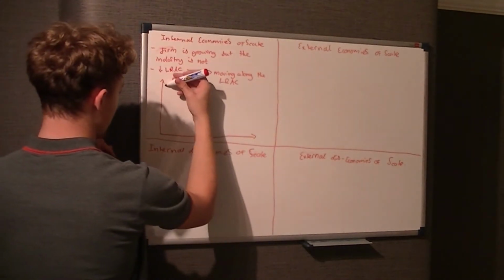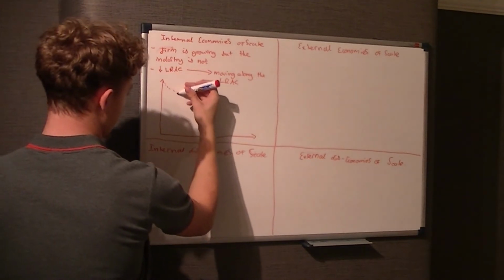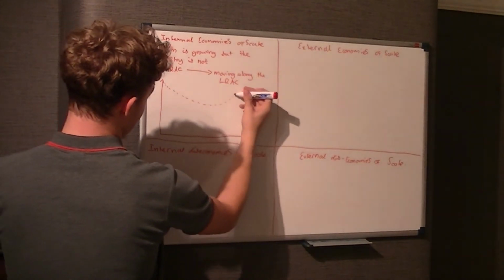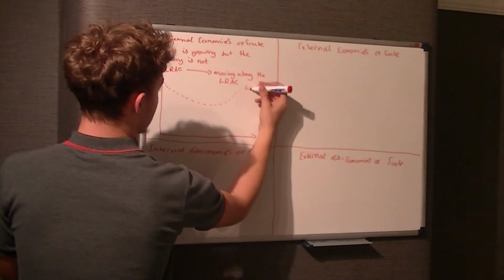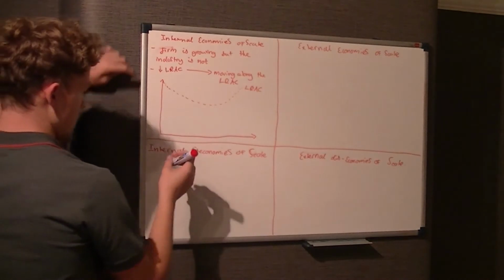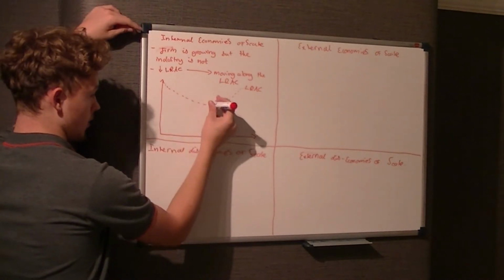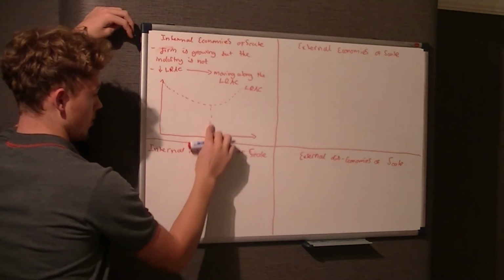So I'm not going to draw the helixes. I'm just going to draw the long run average cost curve. I'm not going to draw all the little short run average cost curves, because I'm just going to draw a quick sketch. Obviously yours would be a bit more detailed with your Q star there, but I'm not going to put that in.